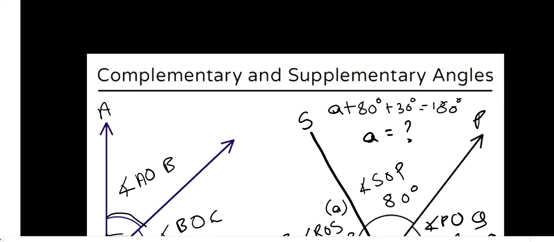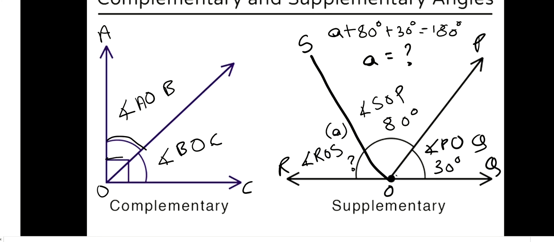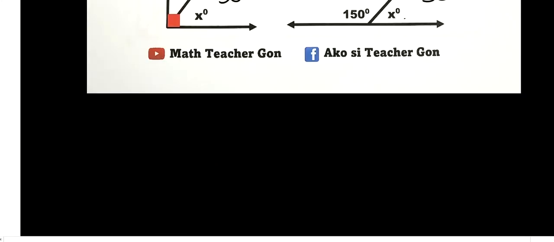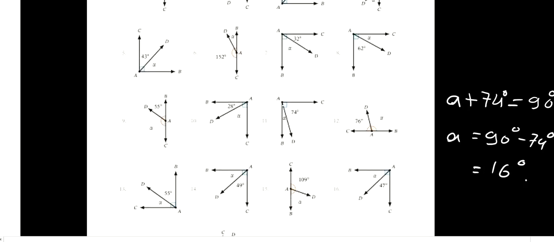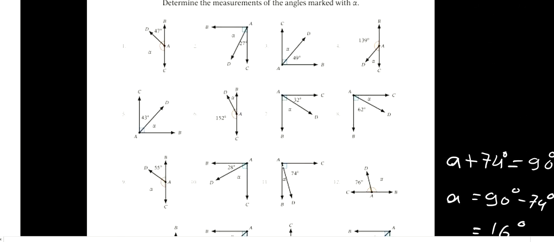After that, we learned about complementary angles and supplementary angles. Complementary angles are angles whose sum is 90 degrees, whereas supplementary angles are angles whose sum is 180 degrees. Then we solved a few questions, and you have a task that you can practice at home.